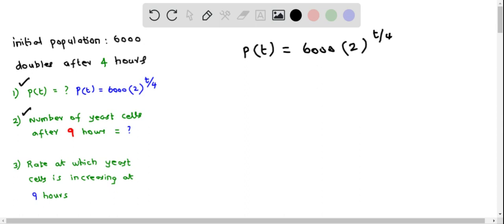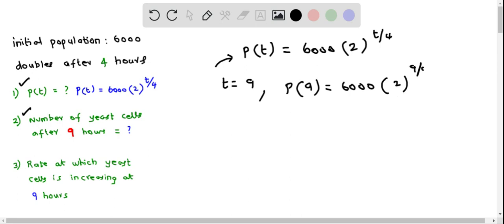So we just have to plug in t equal to 9 into this function or into this population model. So therefore this becomes p of 9, and this equals 6,000 times 2 raised to the power of 9 by 4. And this equals 6,000 times 2 power 9 by 4, which is 2.25.